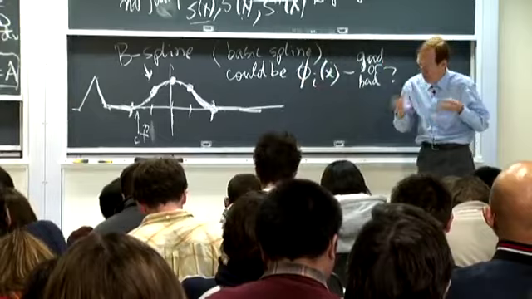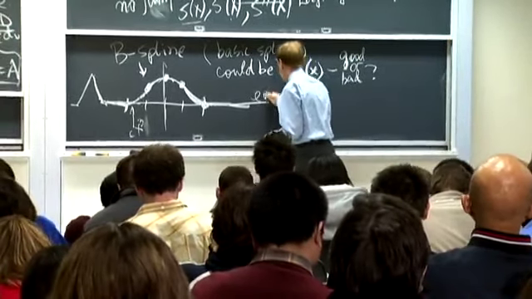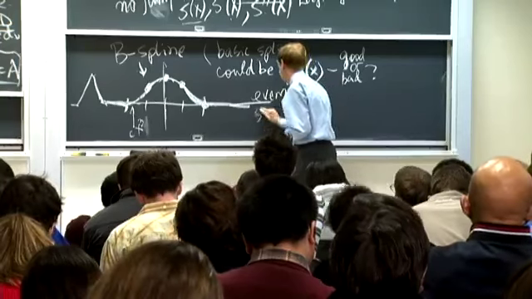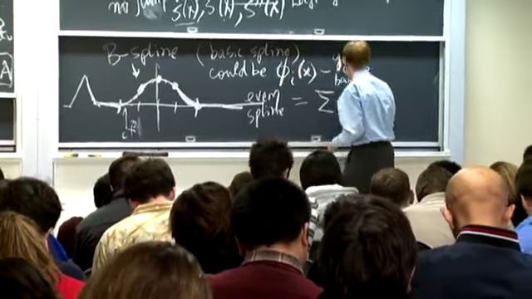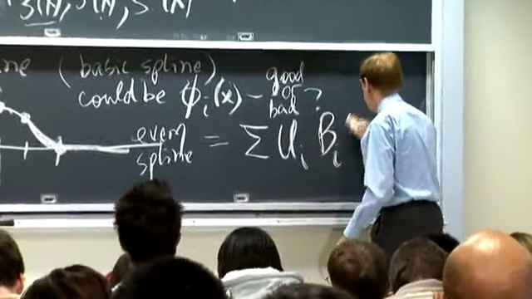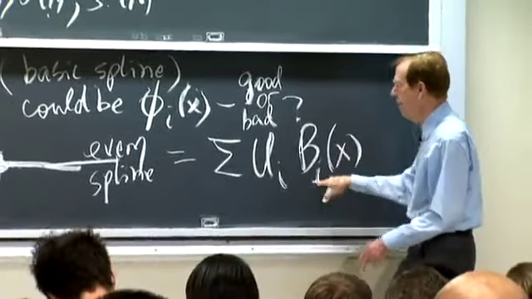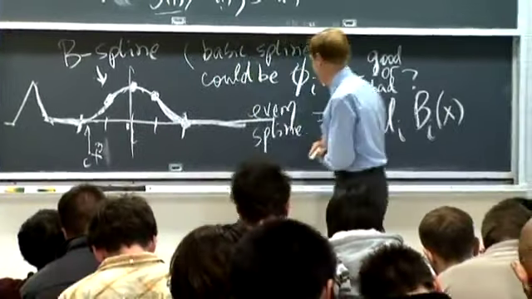Now let me pull this topic together. Every spline function is some combination of these B-splines. Let B_i of x be the one centered on node i.